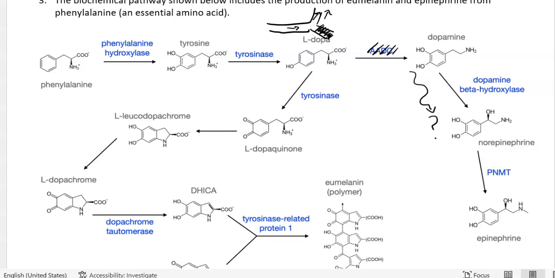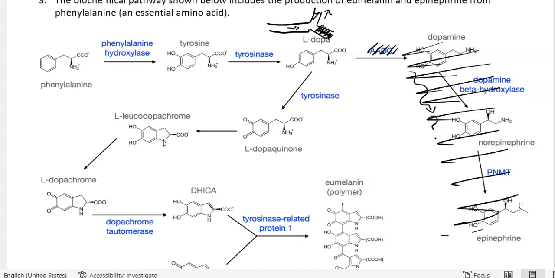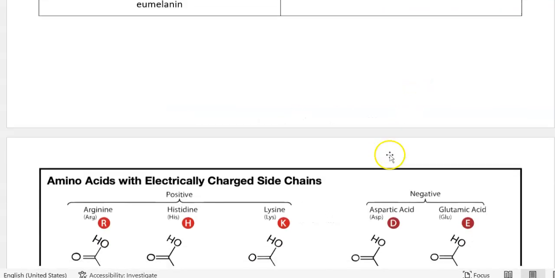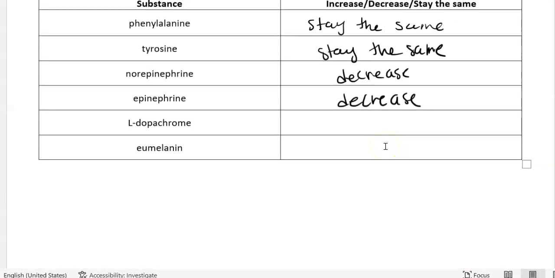You're starting with the same amount. You decrease this amount here because you're no longer able to make dopamine. So now you have an increase on this side of the reaction, and you're going to increase eumelanin and L-dopachrome production. So those two increase.